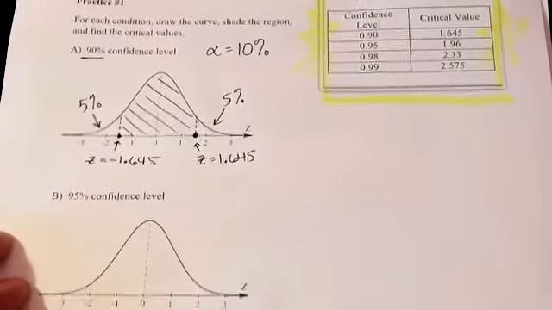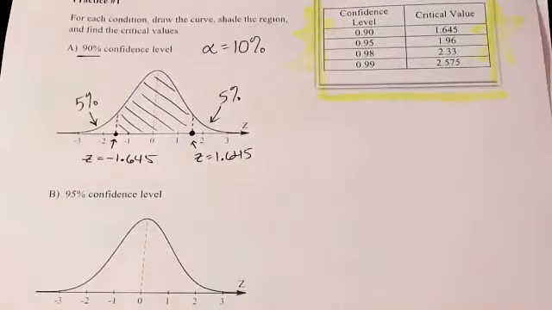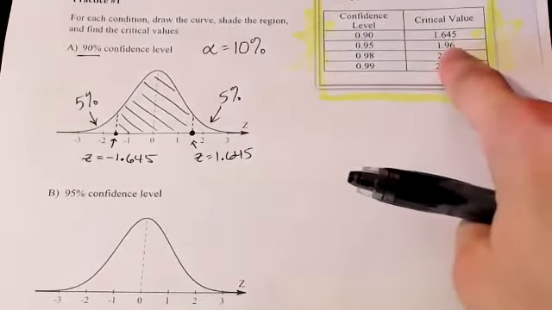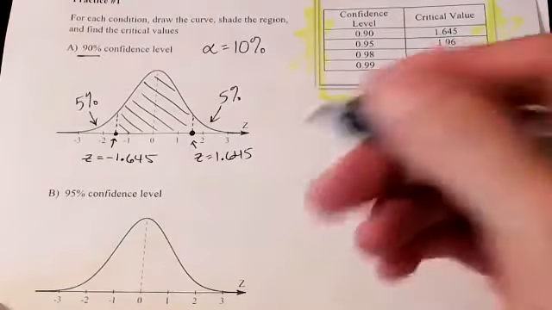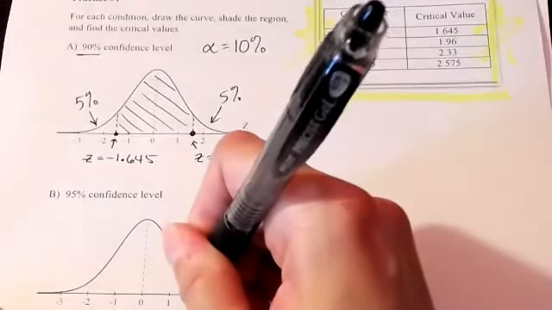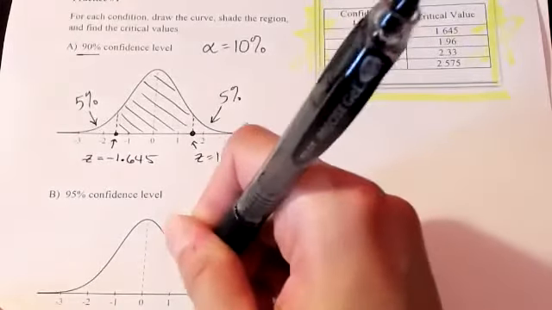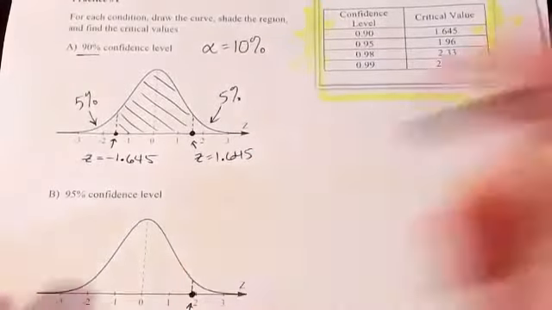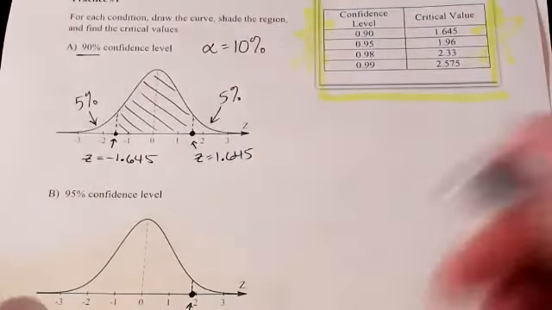95% confidence level. And again, we're just getting used to the visual so that we can prepare ourselves for what is to come. With the 95% confidence level, we see that our critical value is 1.96. Let's plot that point, 1.96, draw the dotted line up. But remember that we are looking at the middle 95%.